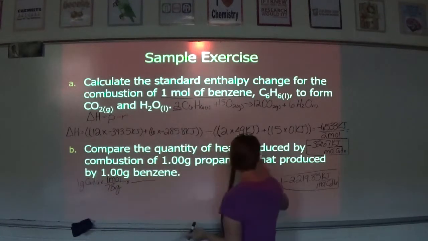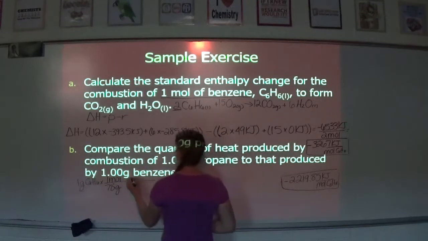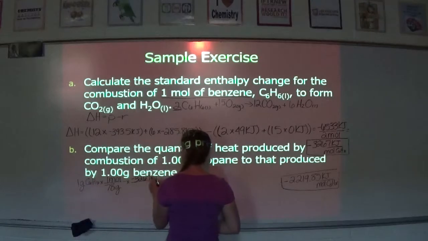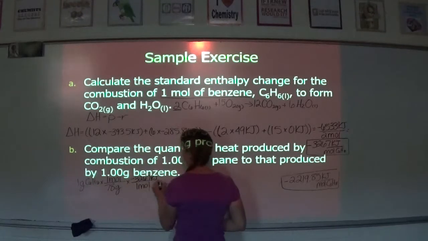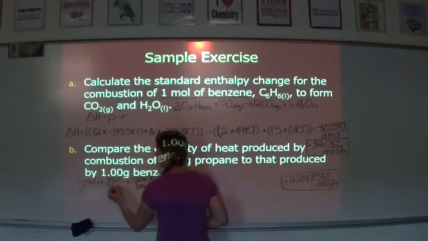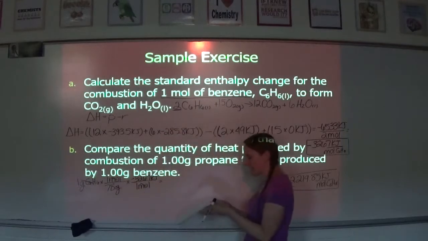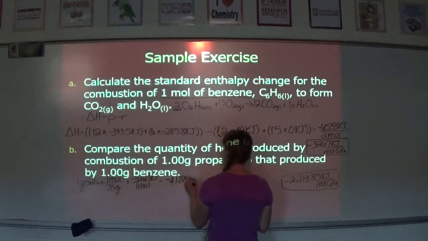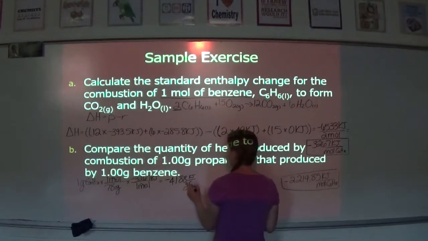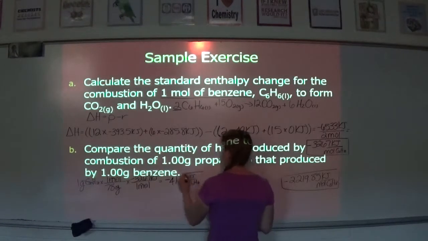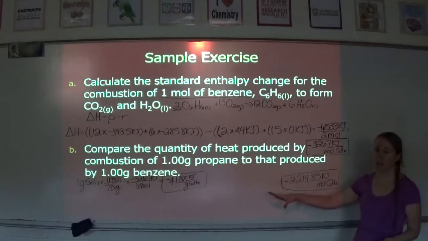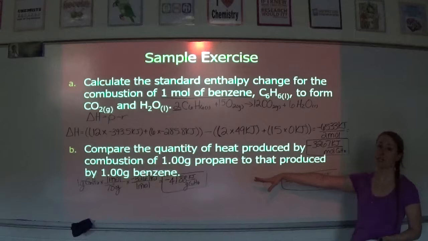And then once I have that, I can multiply by my number, negative 3,267 kilojoules per 1 mole of benzene. So my grams cancel, my mole canceled, and when I solved, I got negative 41.88 kilojoules per gram of C6H6. Okay, so 1 gram of benzene releases that many kilojoules.